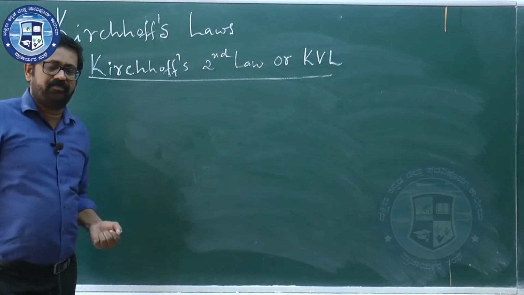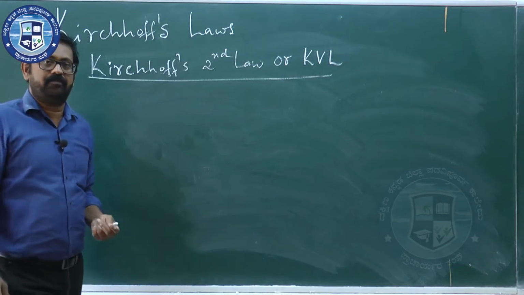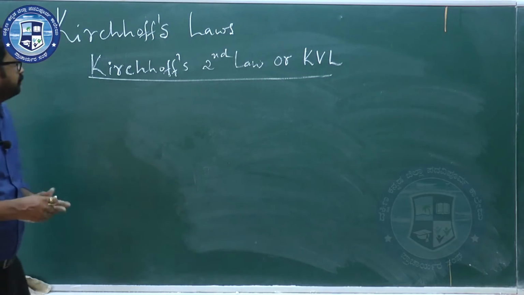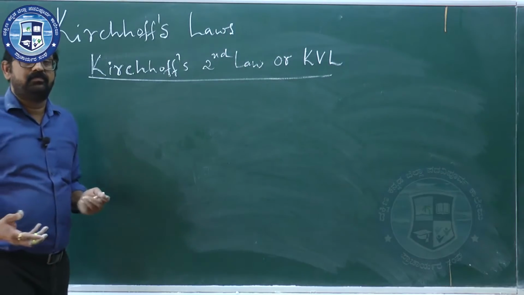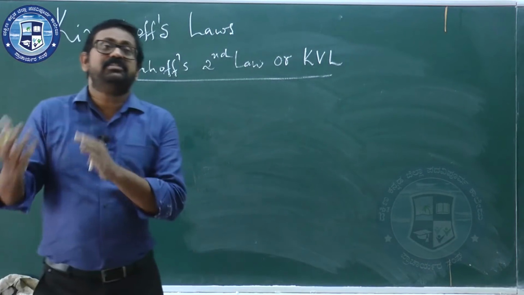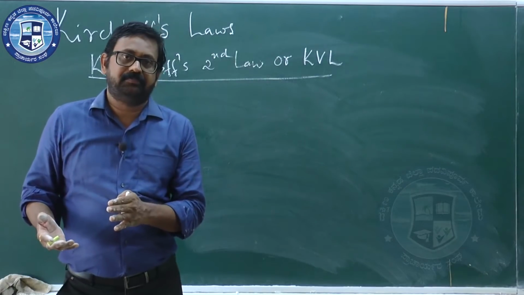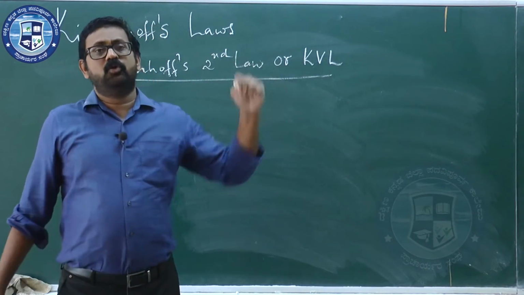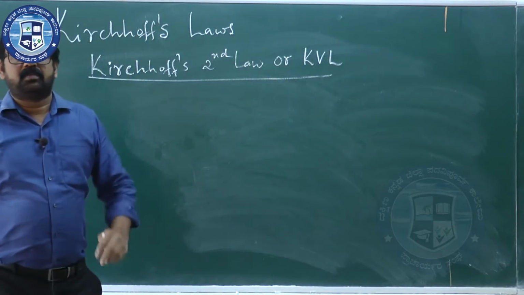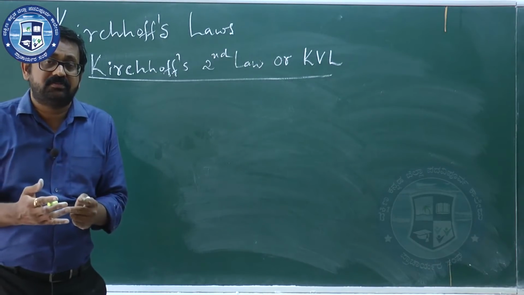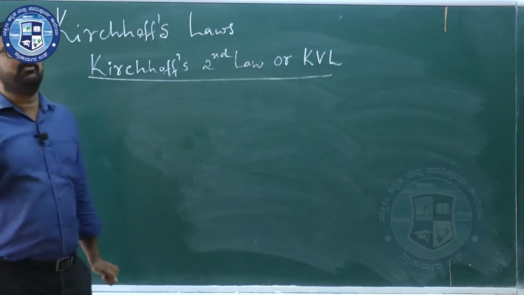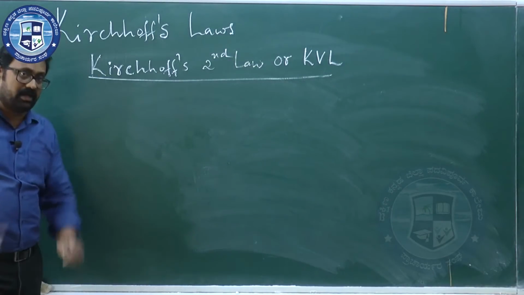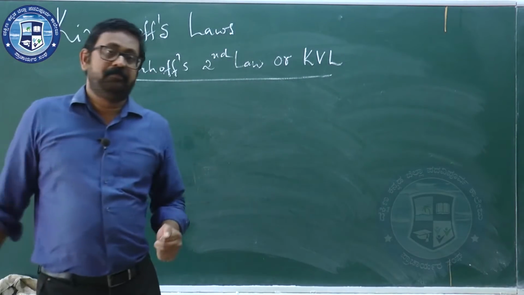Kirchhoff's second law or Kirchhoff's voltage law states that the algebraic sum of the change in potential around the loop across the resistors and the cells is equal to 0. I'll repeat the statement, listen.